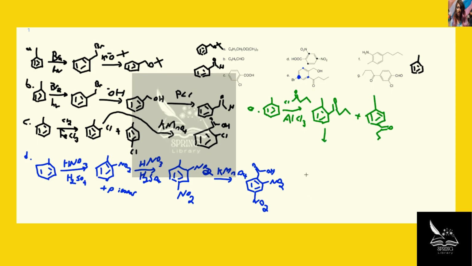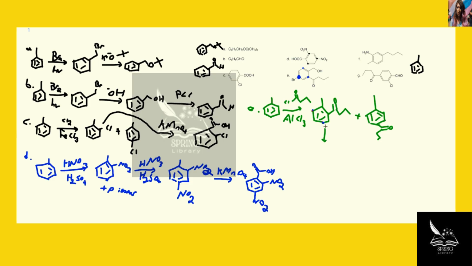And the reason for that is, well, this methyl group directs here and here, the ortho and para position, while this ketone will direct meta, which is also here and here. So we can doubly substitute.